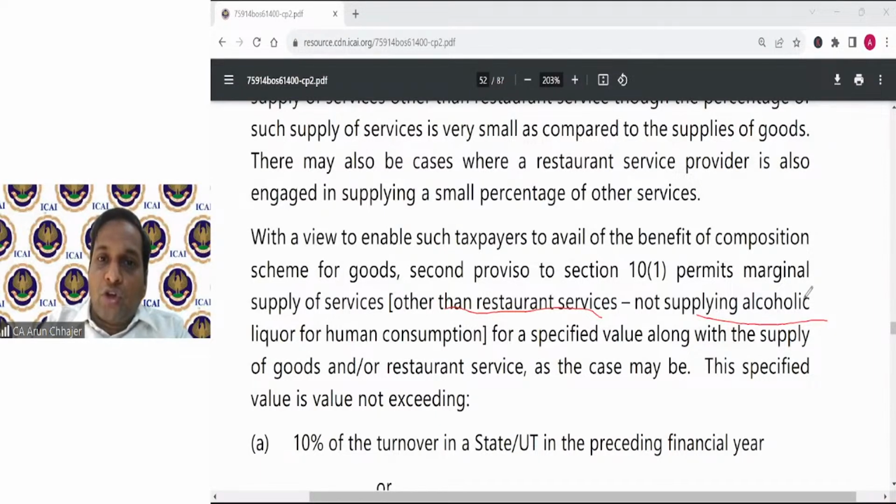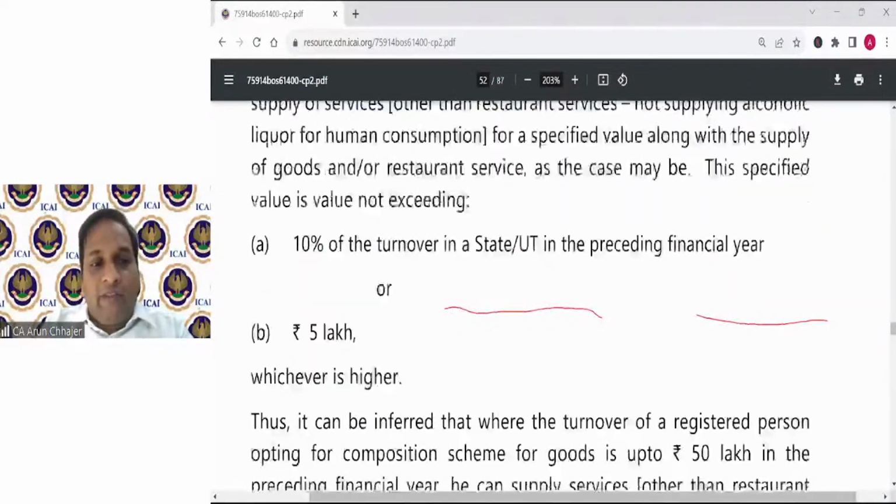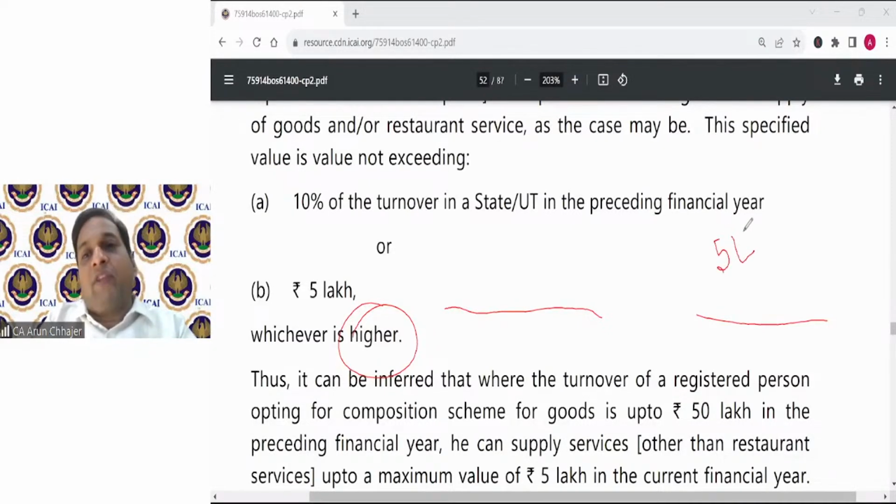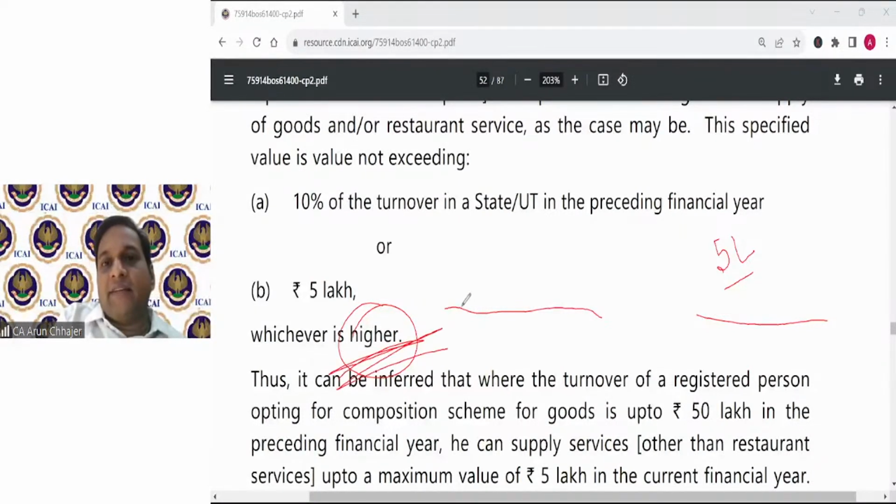The specified value should not exceed 10% of the turnover in the state or union territory or 5 lakh, whichever is higher. Remember, whichever is higher. So we can say that if you are registered under composition under 10-1, you can provide any service up to 5 lakh, up to 5 lakh at least, because they are saying whichever is higher.